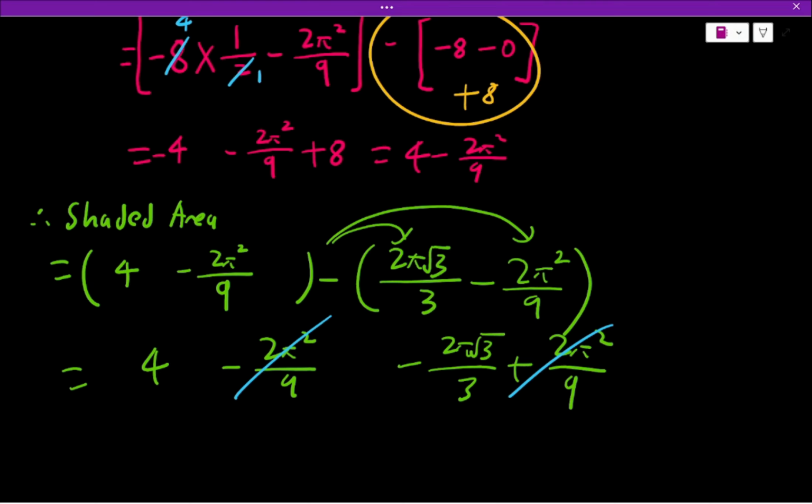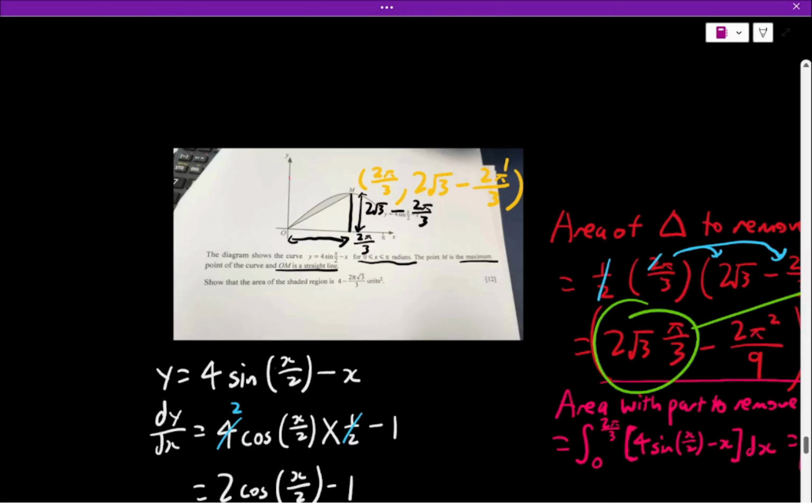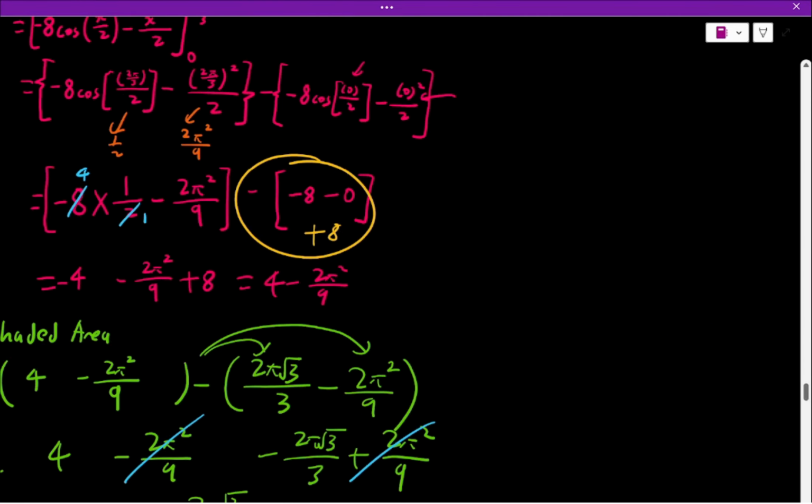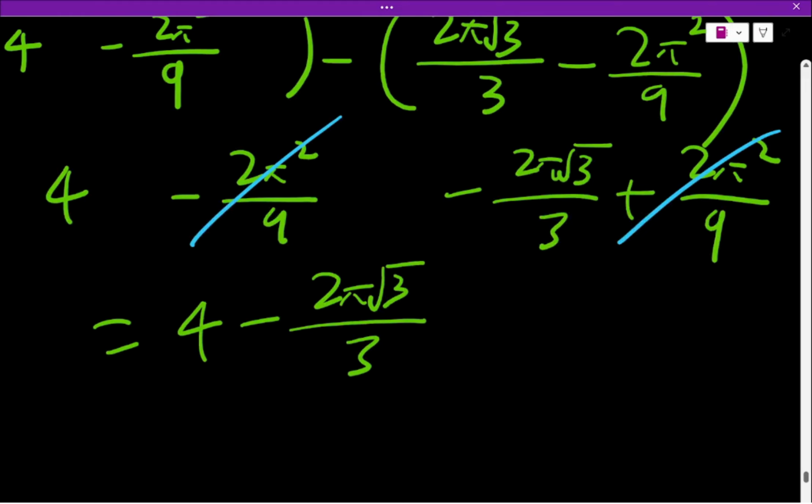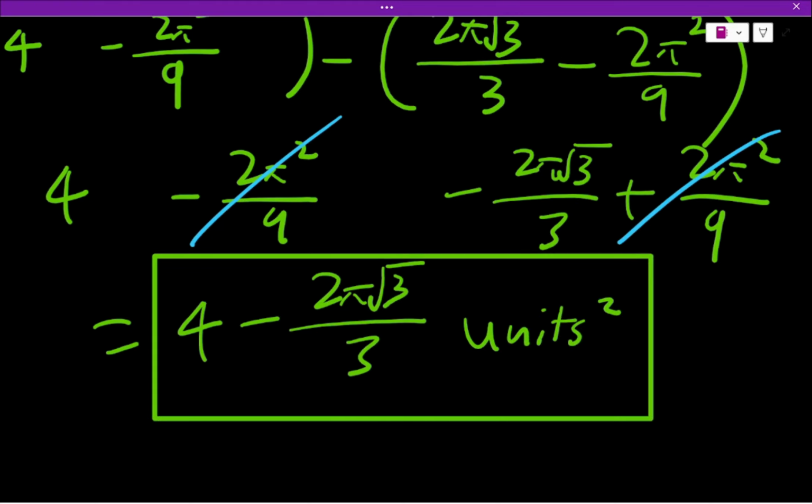And so you get 4 minus 2 pi root 3 over 3, which is the answer. Yes. There we go. Units squared. Right, so yeah, that's the final answer. Hope this is helpful. Sorry for the mistake.